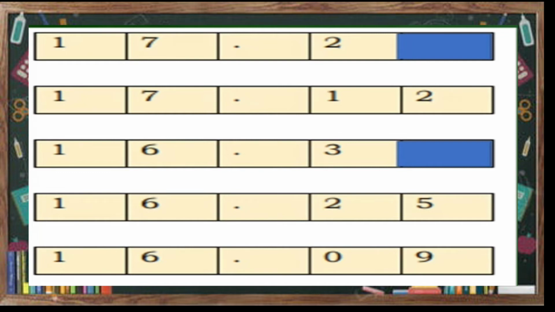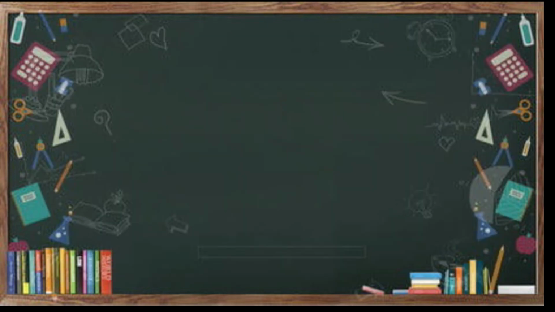So now, we are going to add 0 to the last digit to easily compare and arrange the decimals. Okay, so please remember that other way of comparing decimals.